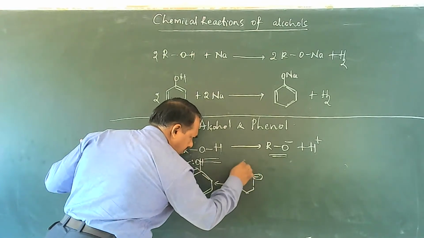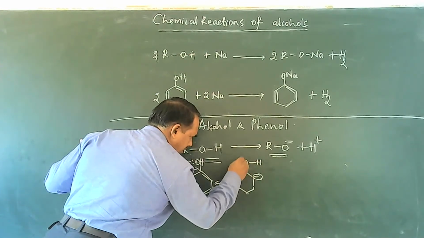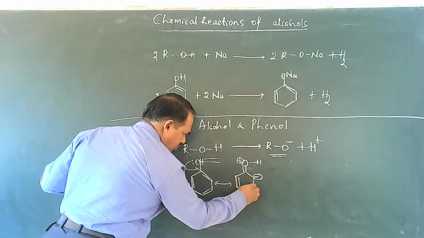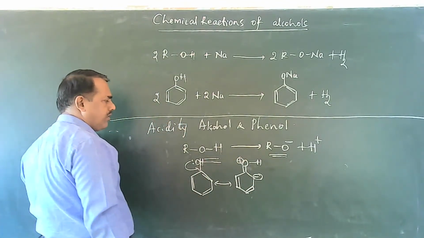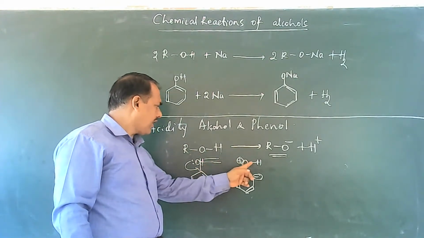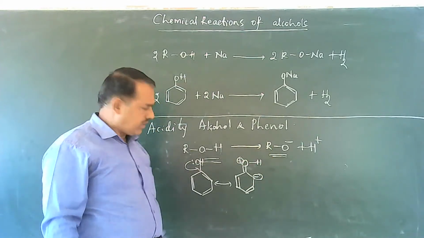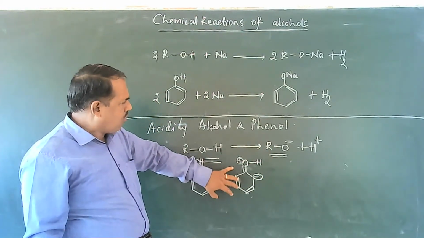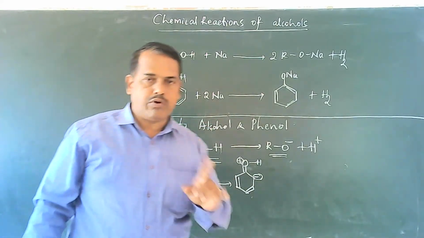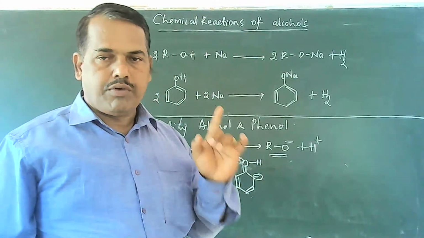This will become minus, with a double bond and partial positive character on the oxygen atom. So hydrogen atom can easily release out. Therefore, phenols are more acidic than alcohol. A very important point you have to remember.